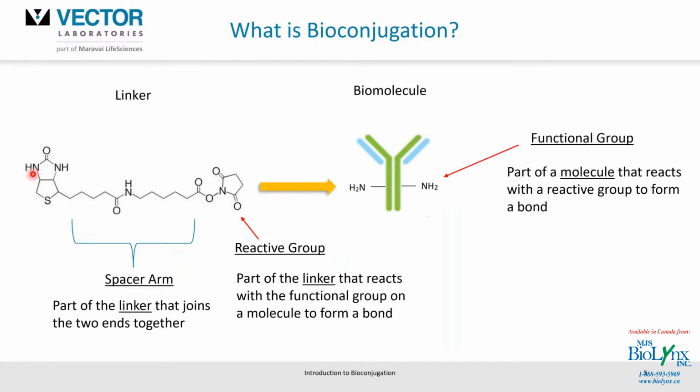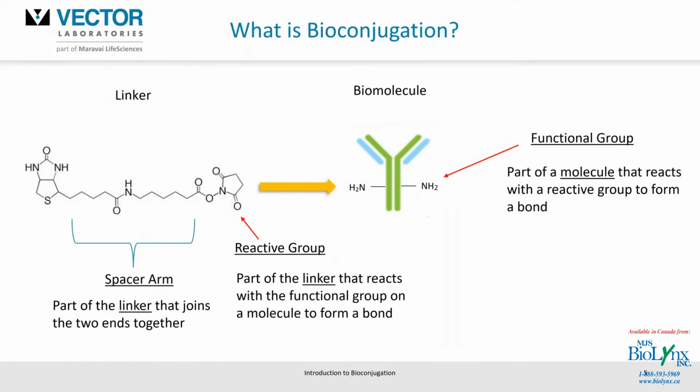Those of you who may be familiar with some organic chemistry or perhaps have done some bioconjugation before may identify this molecule as biotin NHS. Just to walk you through it, this is the biotin component here. This is the part that will be accessible for an avidin or a streptavidin subsequent detection conjugate, or indeed an anti-biotin antibody.